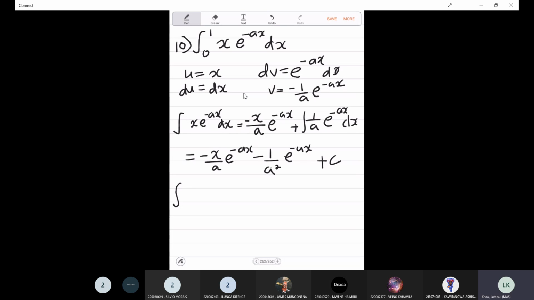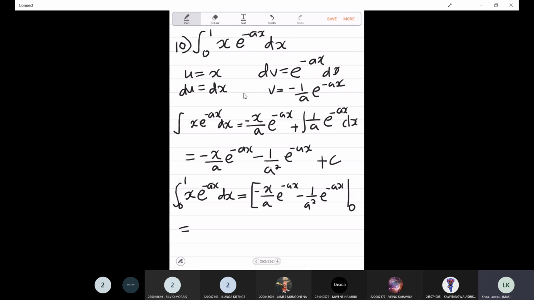then go back to the question and say that the integral from 0 to 1 of x e to the power of minus ax dx is equal to minus x over a e to the power of minus ax minus 1 over a squared e to the power of minus ax, and then we integrate from 0 to 1.